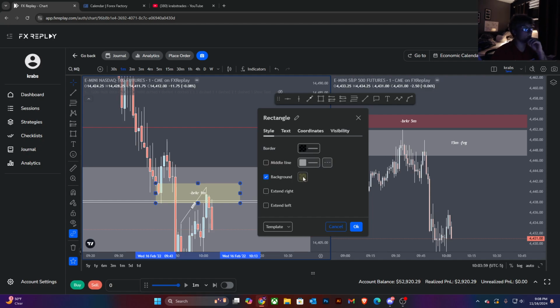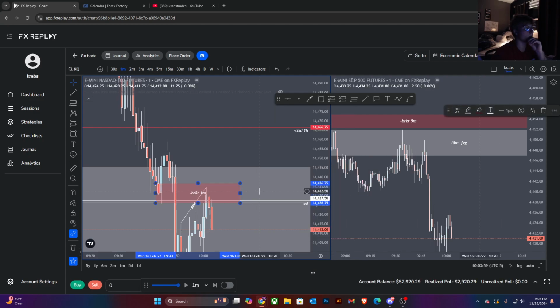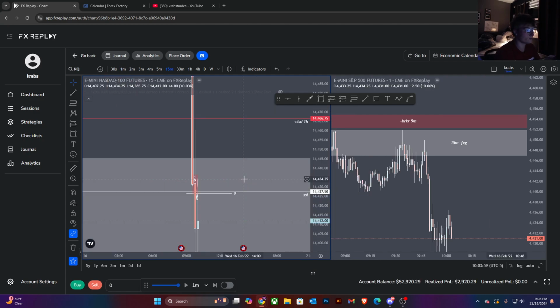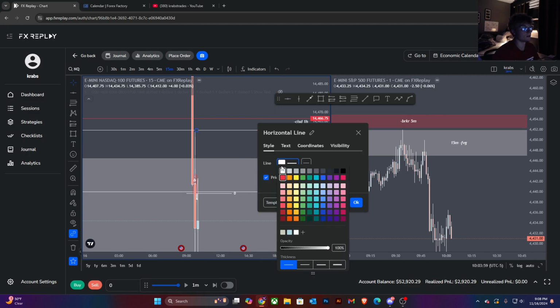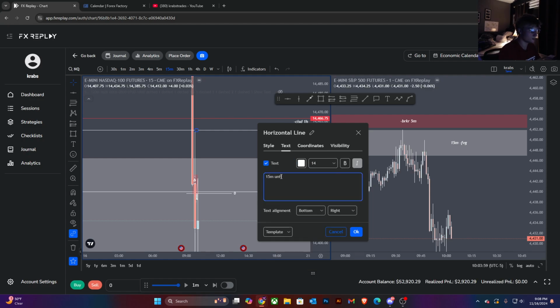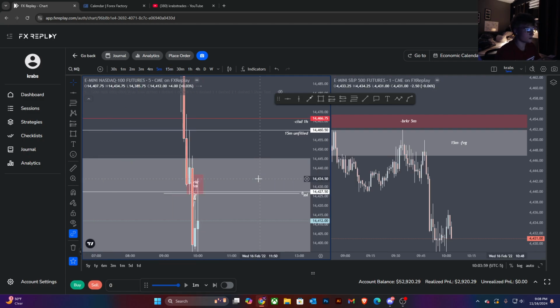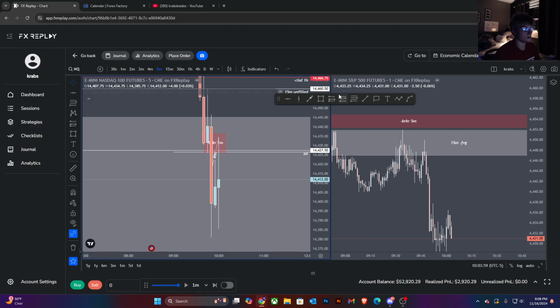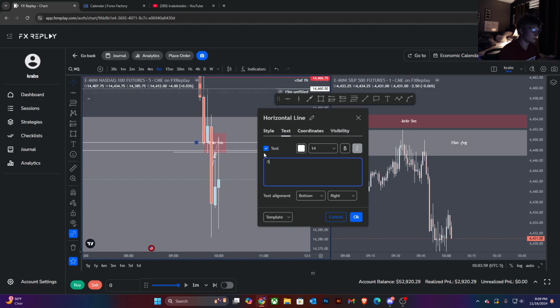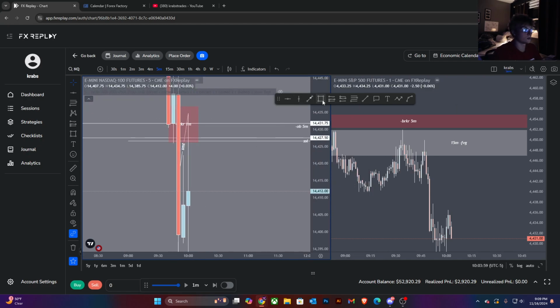This does look like a really good continuation model. But we do have this 15-minute unfilled gap above. Did tap 5-minute order block as well, rejected. As well as rejected this 5-minute fair value gap.